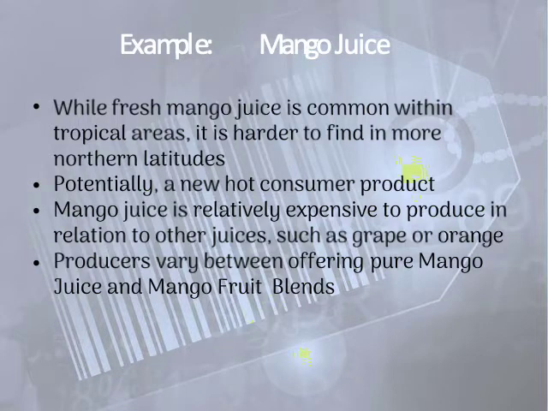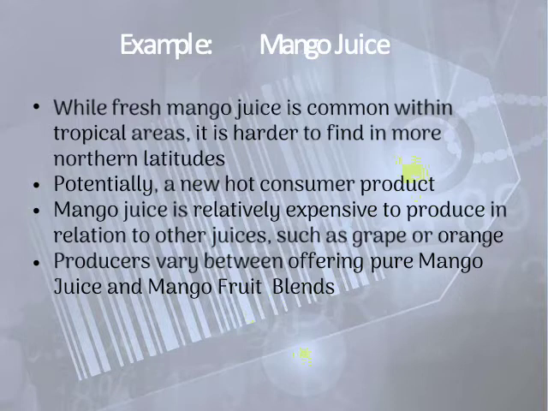We will use hypothetical attributes and measurements, but it's not intended to be representative of the facts, okay? So these are not the definite attributes that most consumers look for in a mango juice. This is just hypothetical attributes for academic discussion.